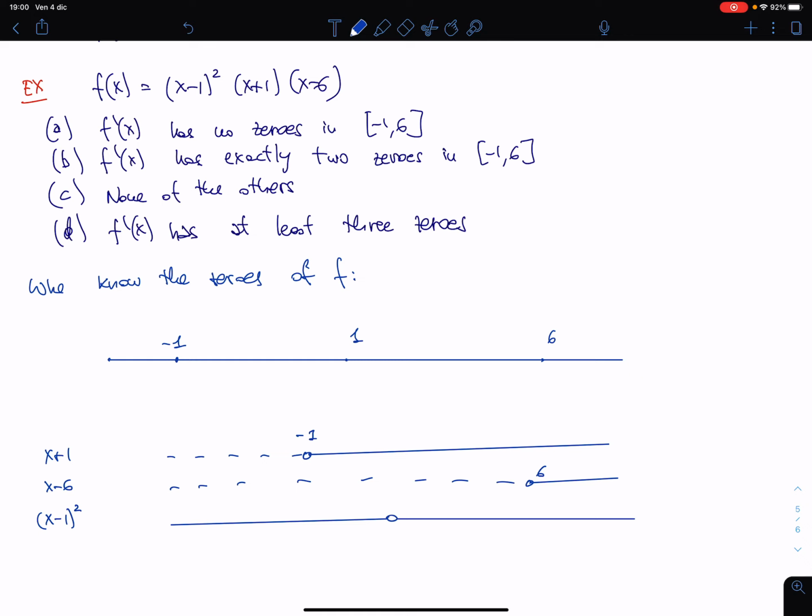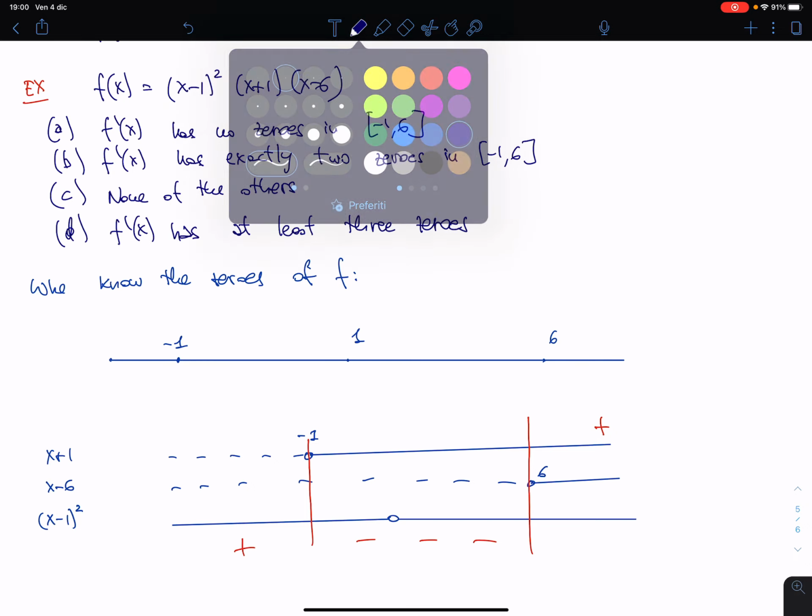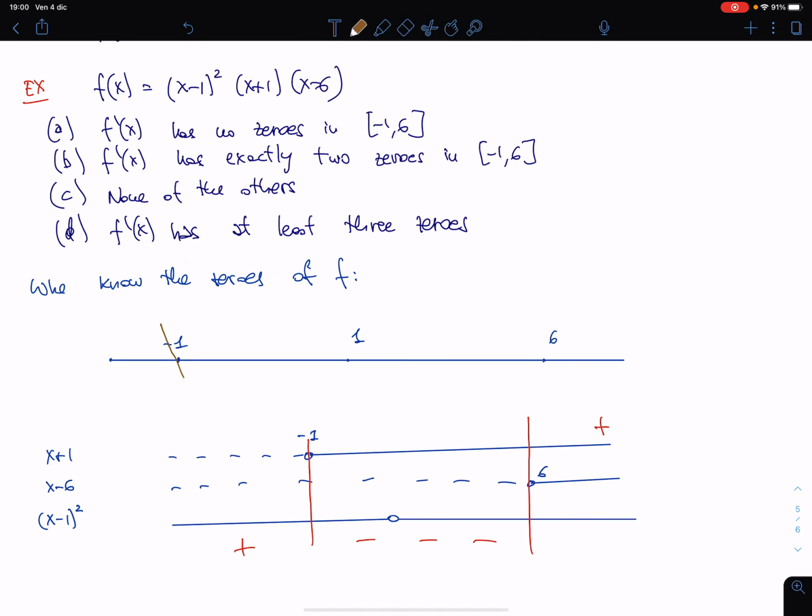So here you have as signs plus and then minus in the interval of interest, and then plus. You see that here the function passes through minus 1. Then 1 is a double root of the polynomial, so the function does like that, and so on.